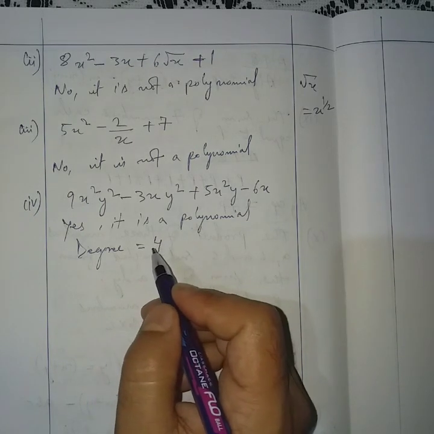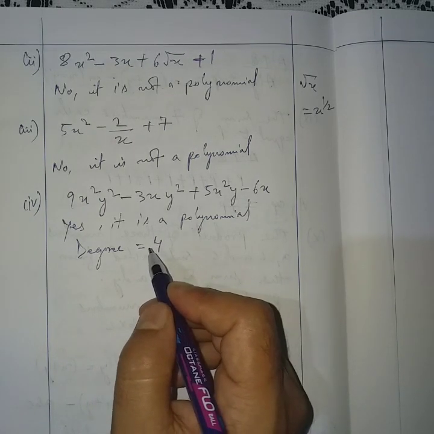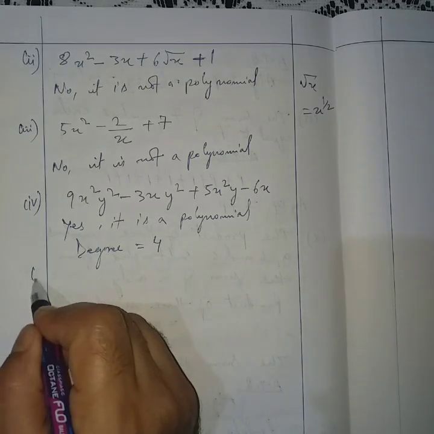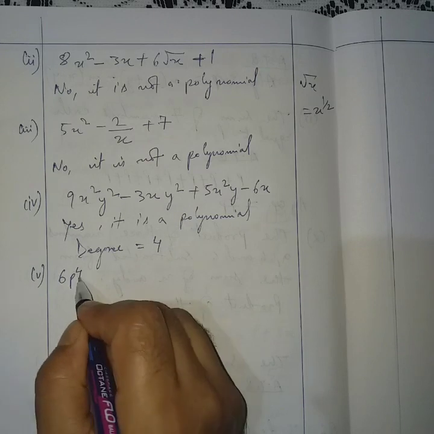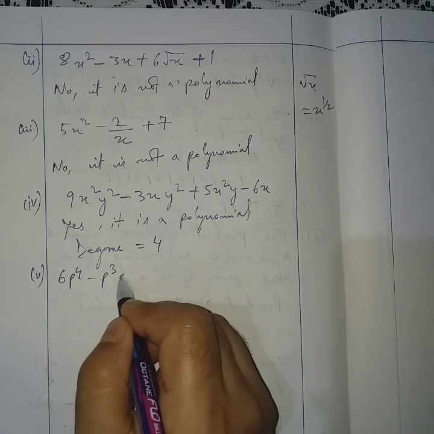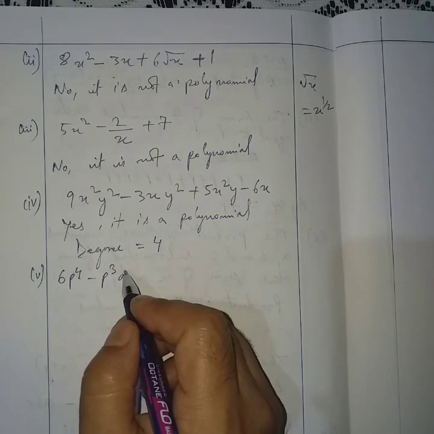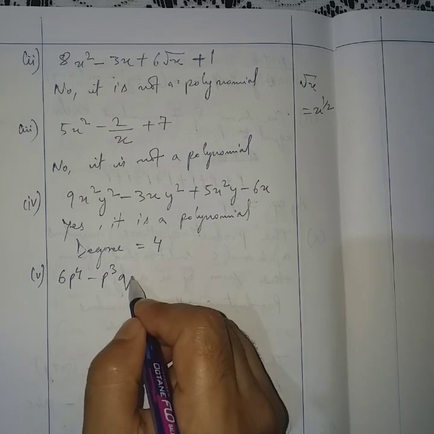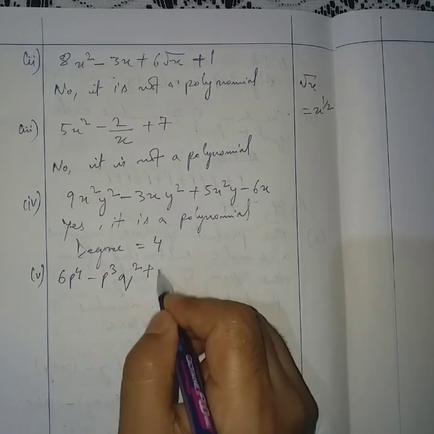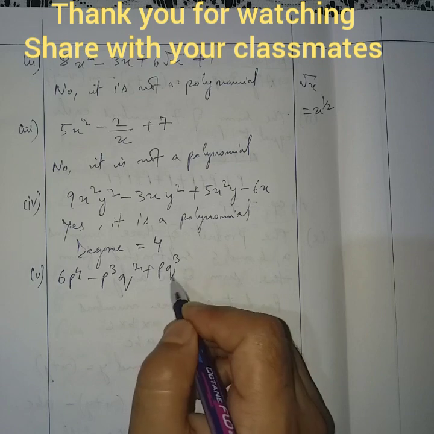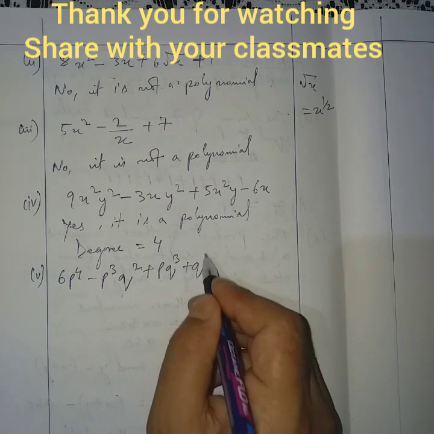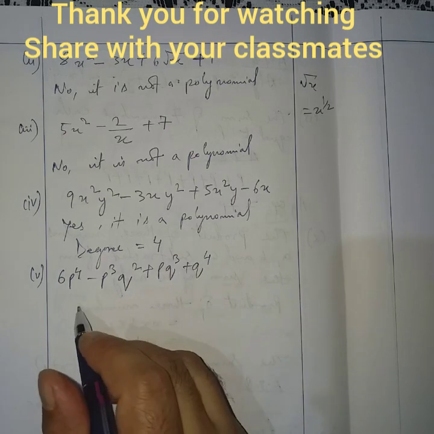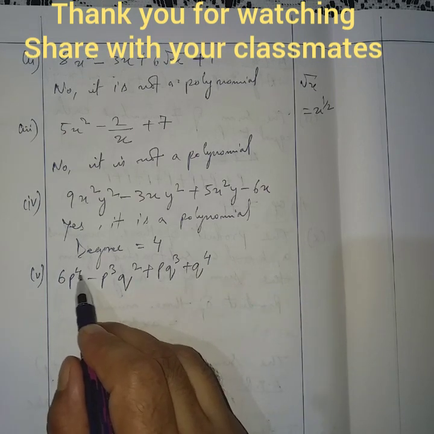Like that. Question number 5. 6 p to the power 4 minus p cube q square plus p cube square pq cube, plus q to the power 4. Now here also the powers given here are positive.